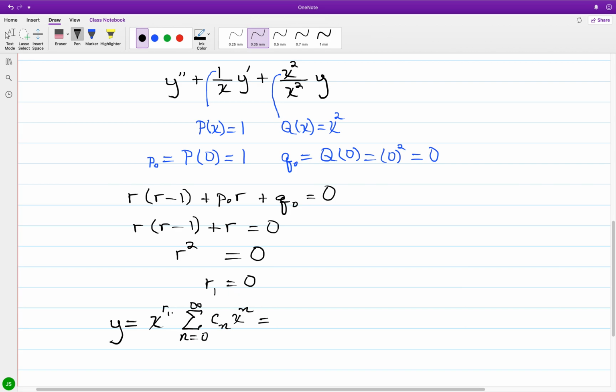And since r1 is 0, we just have that y is equal to the summation as n goes from 0 to infinity of c of n times x to the n. All right.